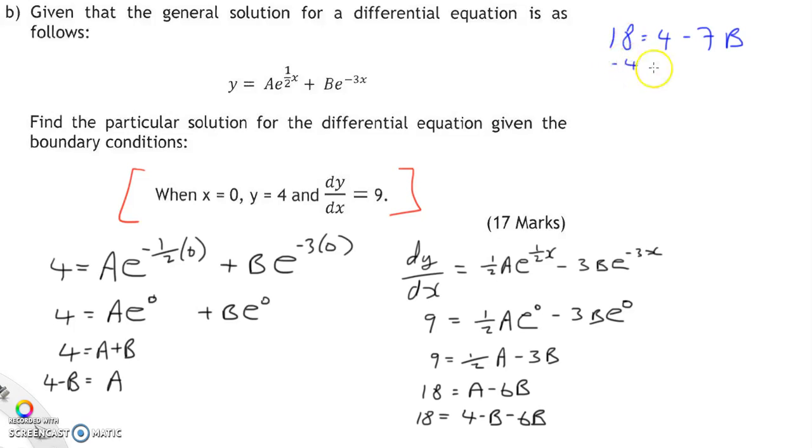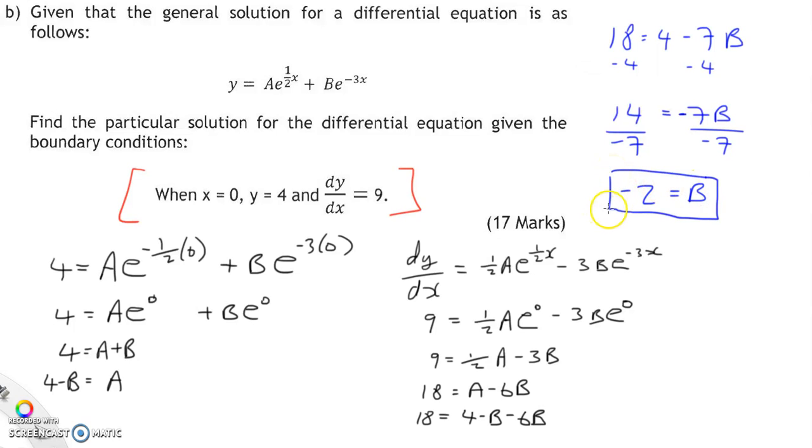Subtract 4 from this side, subtract 4 from that side, and I'll have 14 equals minus 7b. And now I'm going to divide both sides by minus 7, and I must do the same to this side to keep things right in the universe. And I end up with minus 2 equals b. So b equals minus 2.